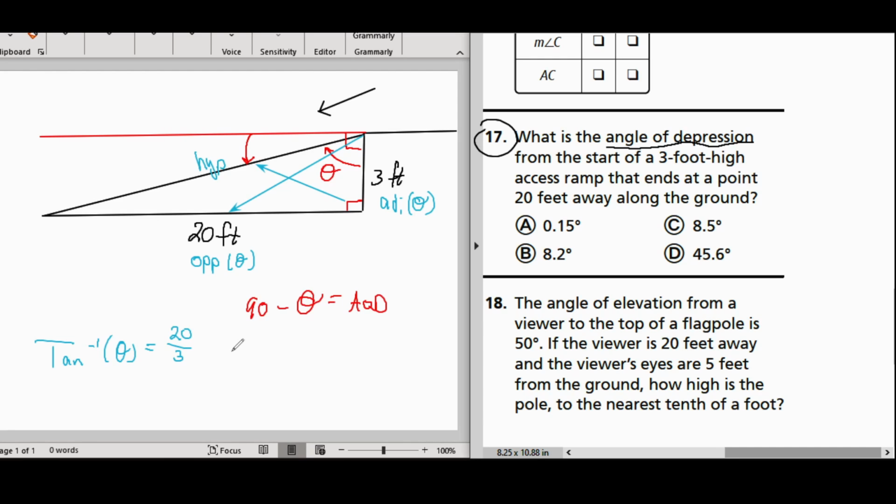And I'm going to punch that in my calculator. So 20 divided by 3, and then hit second tan. And we have an angle of 81.46923. So don't jump right into this. Fortunately for us, the test was nice enough to not give us this as one of our options, right?